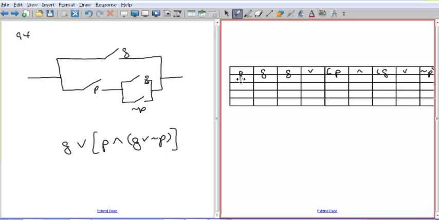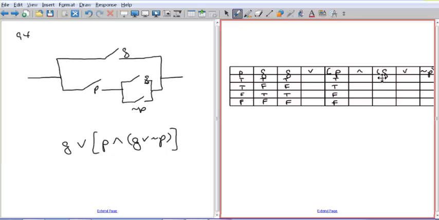Okay, first two columns, same thing. True, true, false, false. True, false, true, false. Okay, always the same for two statements. Then we fill in all the columns that are either just P, Q, or negation of P, negation of Q. So P is true, true, false, false.